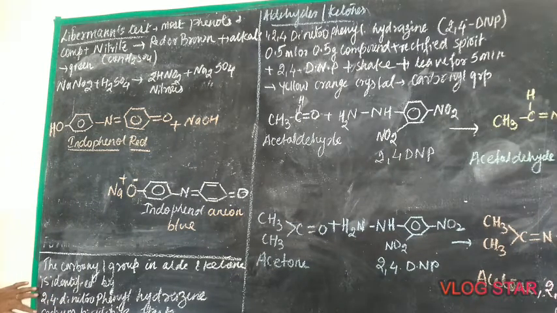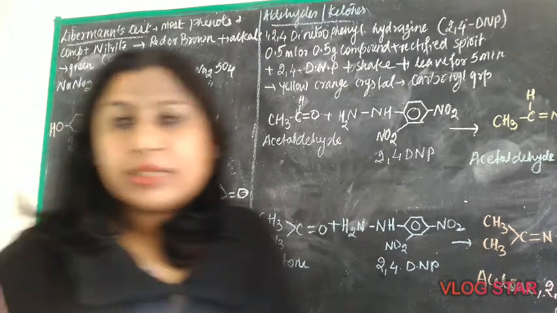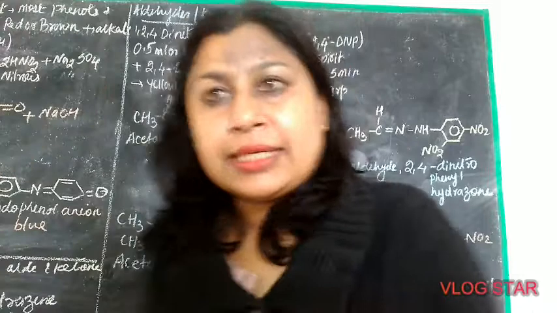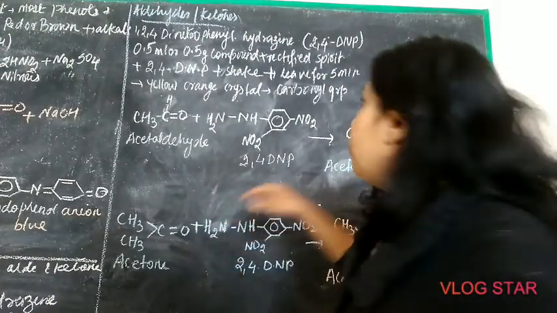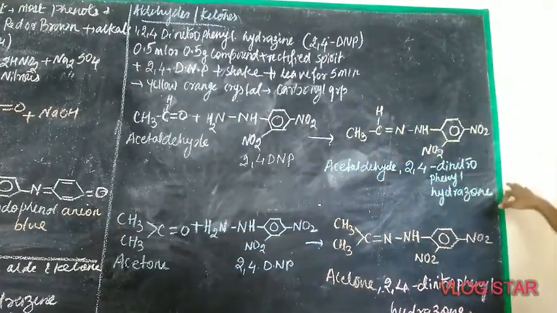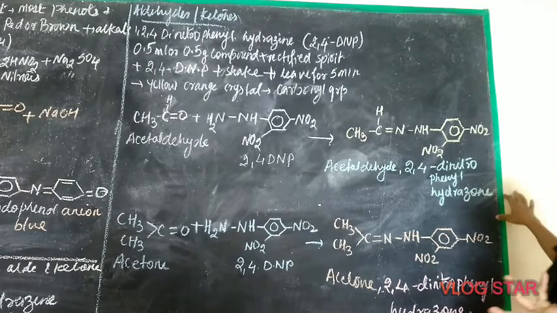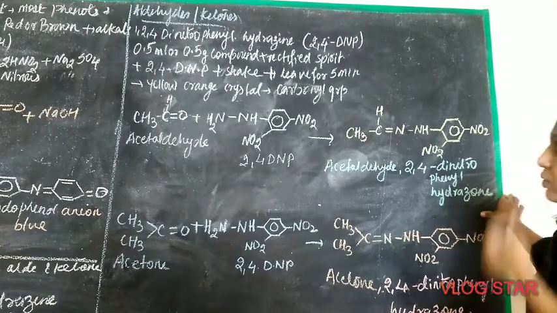Children, aldehydes easily get oxidized to carboxylic acid, while ketones are not easily oxidized. The first test is the 2,4-dinitrophenylhydrazine or 2,4-DNP test. This is for aldehydes and ketones.